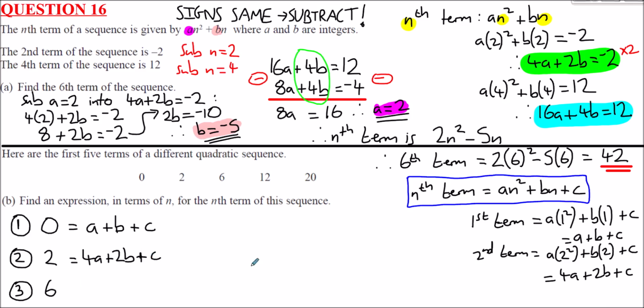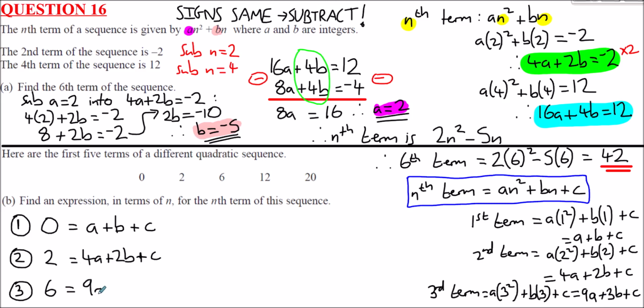And then 6, which is the third term. The third term is going to be a times n squared, which is now 3 squared, plus b times n, which is b times 3, plus c. 3 squared is 9, so that's going to give us 9a. b times 3 means 3b plus c.